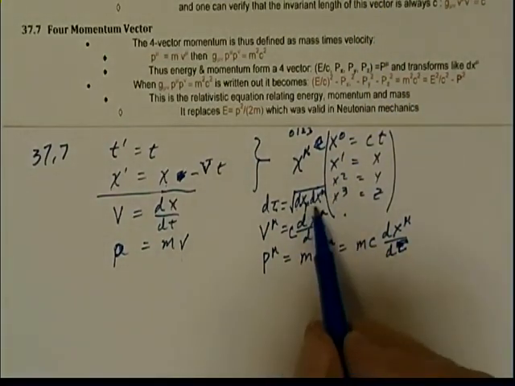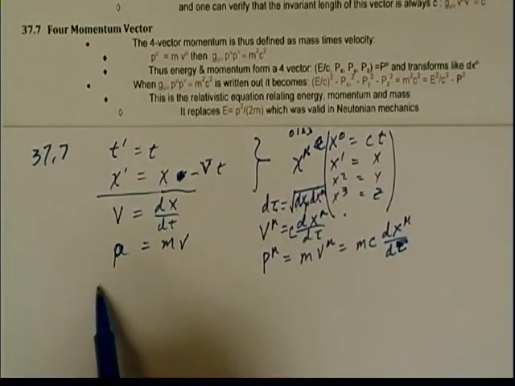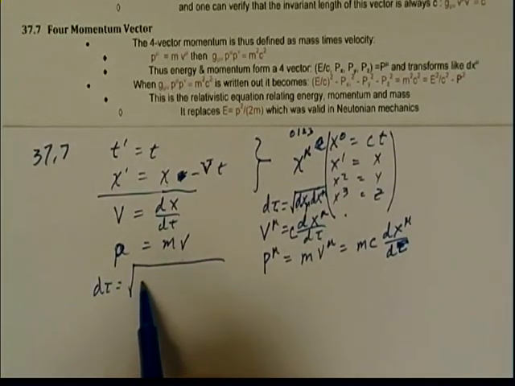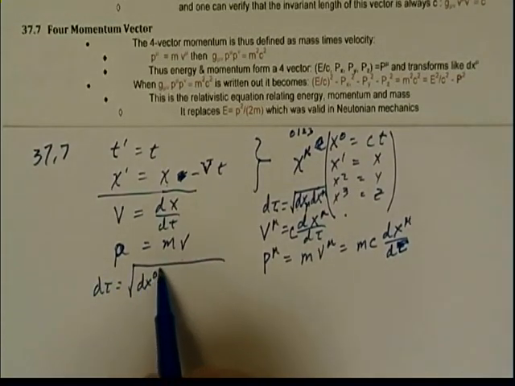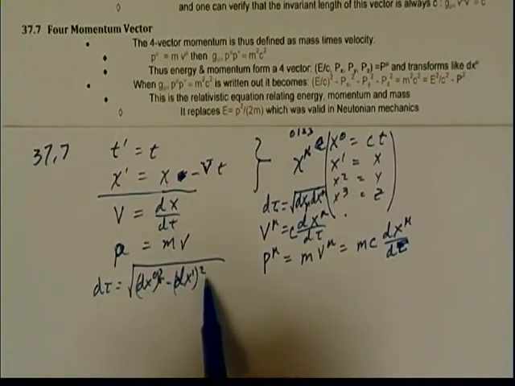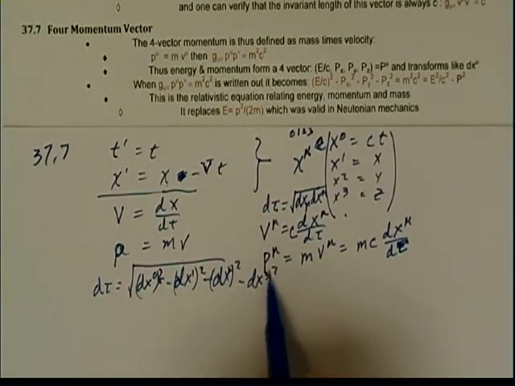This new thing that's invariant is not the square root of x squared plus y squared plus z squared, but this d tau is the square root of dx naught squared minus dx1 squared minus dx2 squared minus dx3 squared.